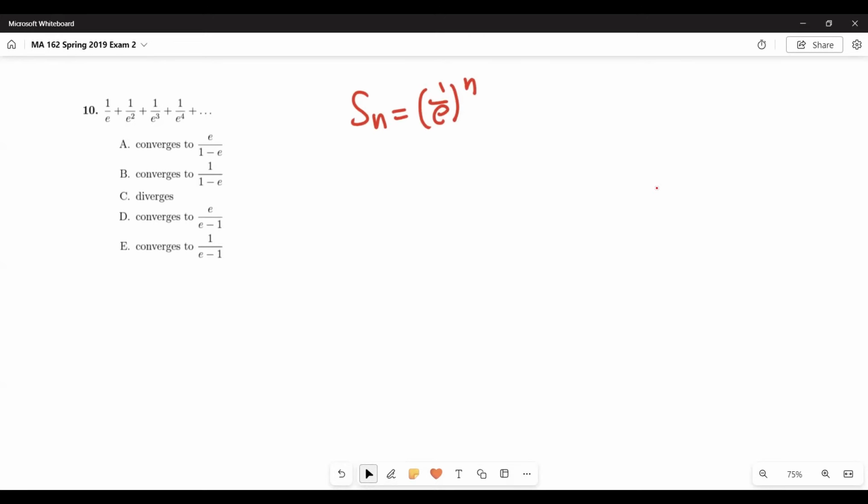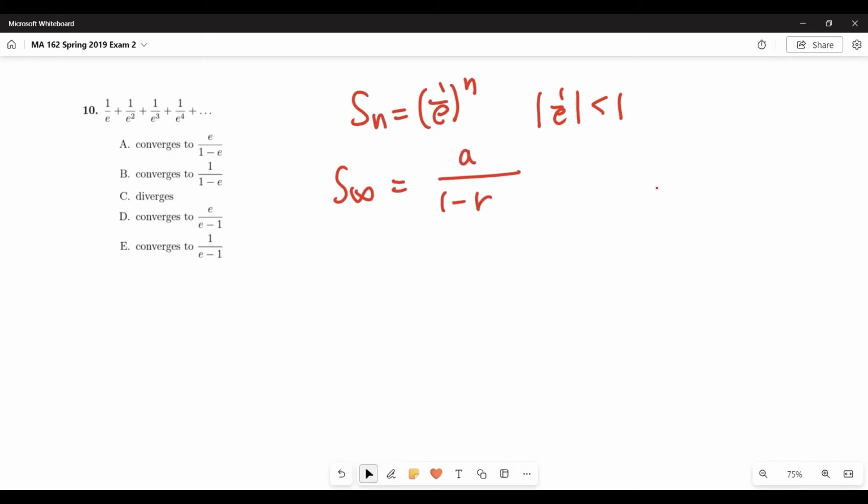Okay, we found that. And also, this is an infinite geometric series because the absolute value of the ratio, which is 1 over e, is less than 1. So we can use the geometric series and find the geometric series sum. The equation for that is a over 1 minus r, where a is the first value.